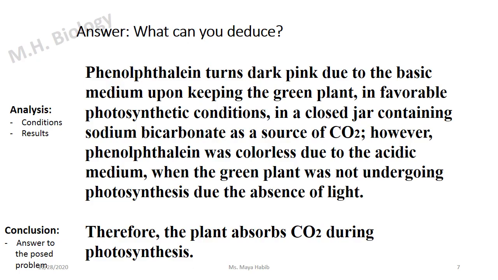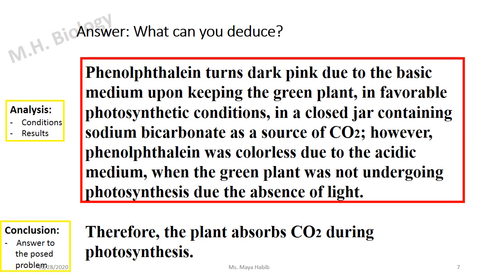Now, to write the answer according to the Lebanese curriculum, you should write an analysis followed by a conclusion. Of course, the analysis should include the experimental conditions, as well as the obtained results. In this experimental setup, phenolphthalein turns dark pink due to the basic medium upon keeping the green plant, in favorable photosynthetic conditions, in a closed jar containing sodium bicarbonate as a source of carbon dioxide.